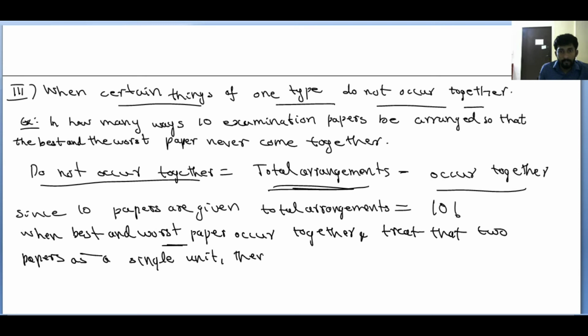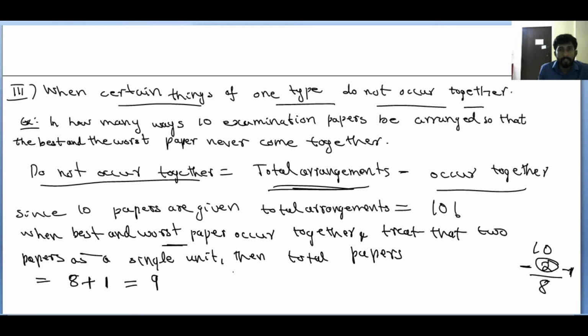Then total papers is equal to, from the 10 papers you are treating 2 papers as a single unit. How many papers are remaining? 8 papers are remaining. Plus this 2 papers represent 1 unit, so plus 1. So total papers is equal to 9.